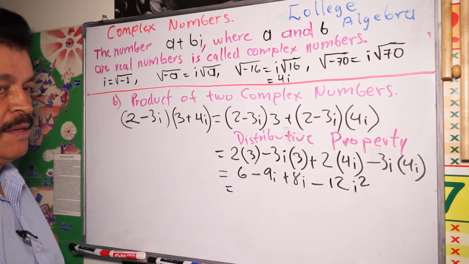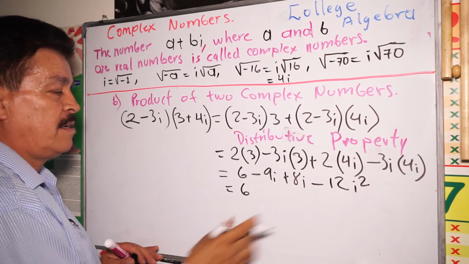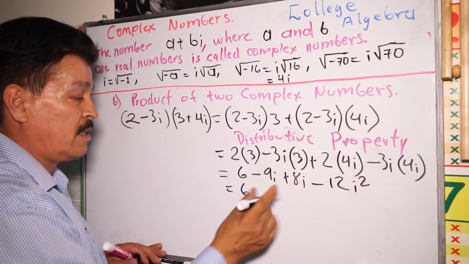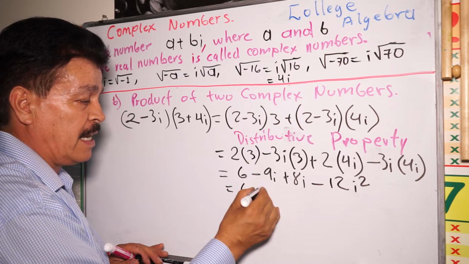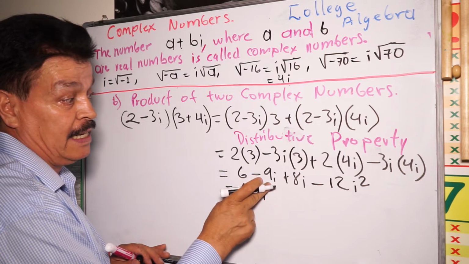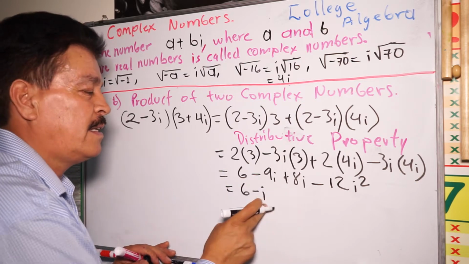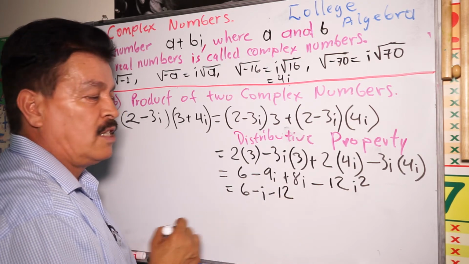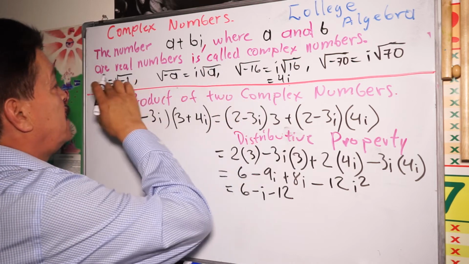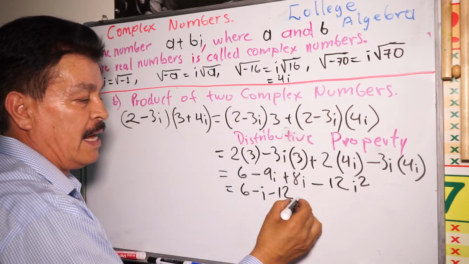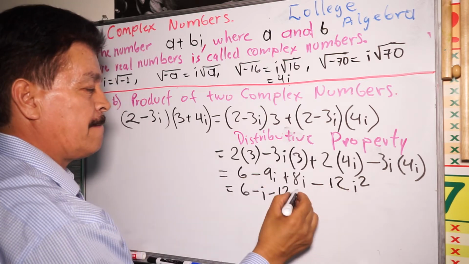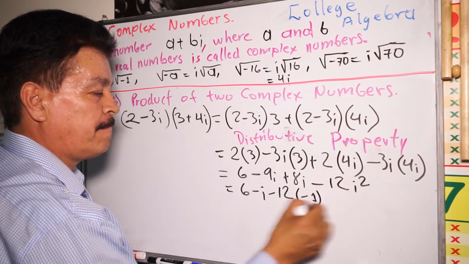Simplify. 6. If you simplify this, you are going to have minus i. Negative 9 plus positive 8 is minus i. Minus 12i squared. Remember this kind of rule: i squared is -1.